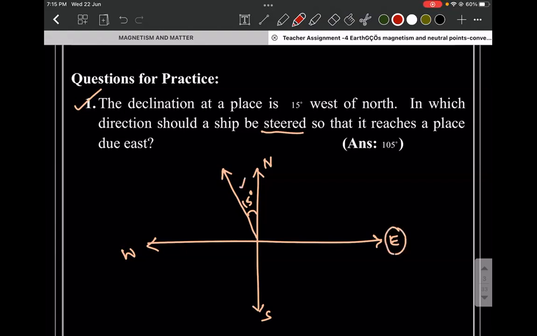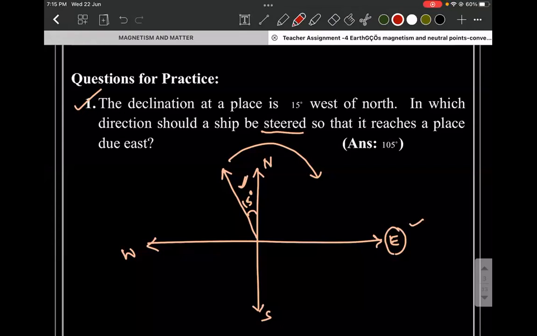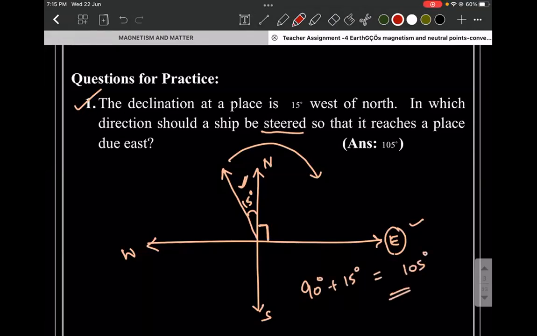Magnetic declination is 15 degrees, correct? He wants to reach the east. So how much should be the angle through which he should steer? It is 90 plus 15 degrees, which is 105 degrees. Is that clear? It's a simple problem.